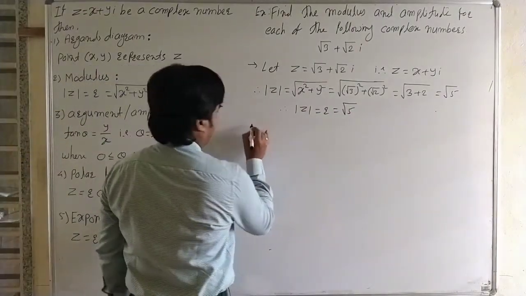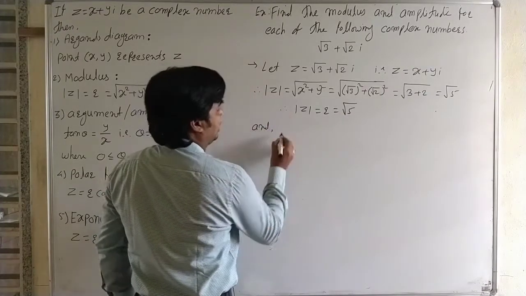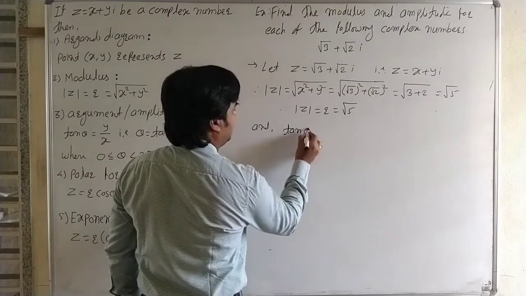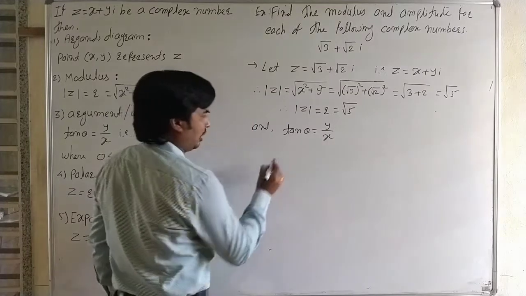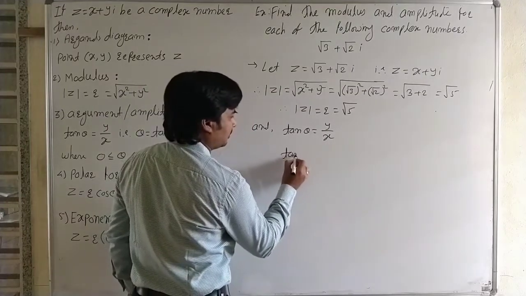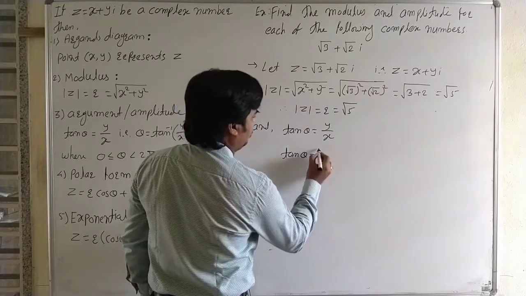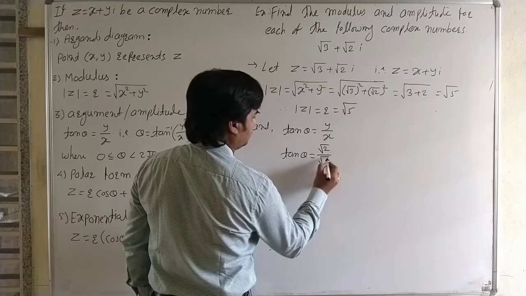Now we find the amplitude. It is tan theta for the amplitude. Tan theta is equal to y by x. Therefore, tan theta is equal to y, it is under root 2 upon under root 3.